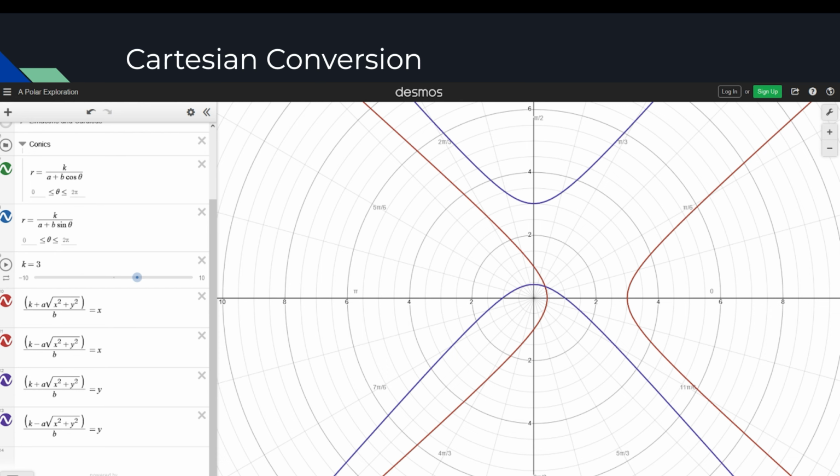And it's important to notice how when it's a hyperbola like this, you only get 1/2 of the hyperbola from the Cartesian form.